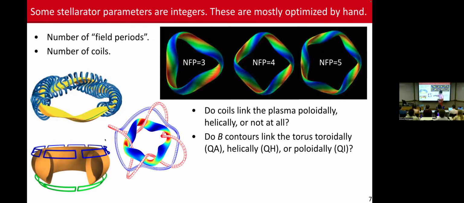The red coil here is helically linked with the plasma. The blue coil is actually not topologically linked at all. And yeah, there are many choices. I'll show you some more options in a few slides. And the same thing with the mod B contours. This is related to quasi-symmetry, and I'll show some pictures of this later.